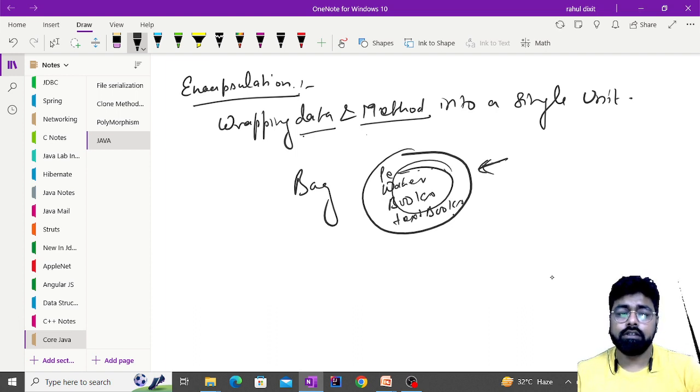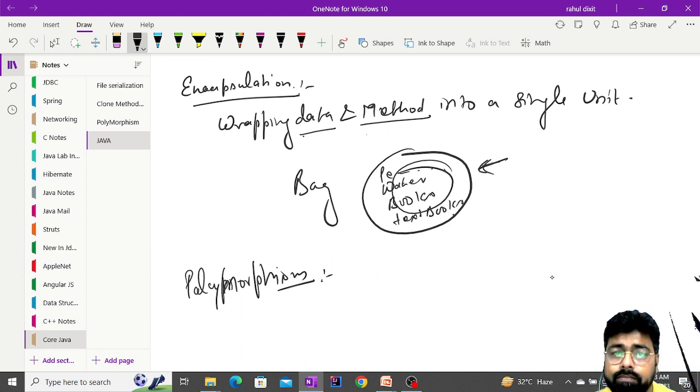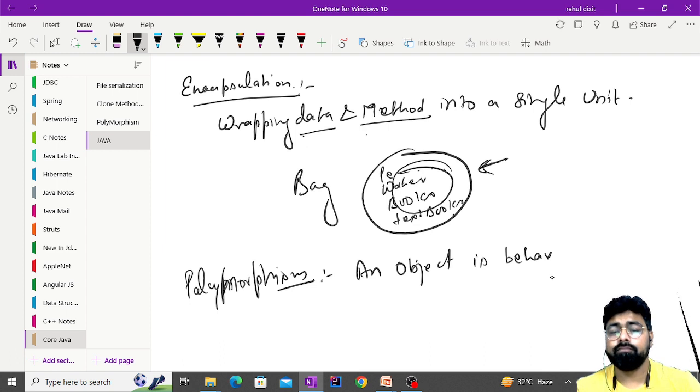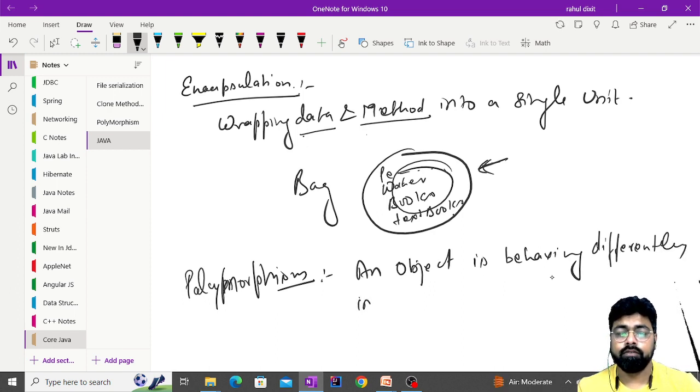The next property is polymorphism. So what is polymorphism? Polymorphism is an object behaving differently in different situations.